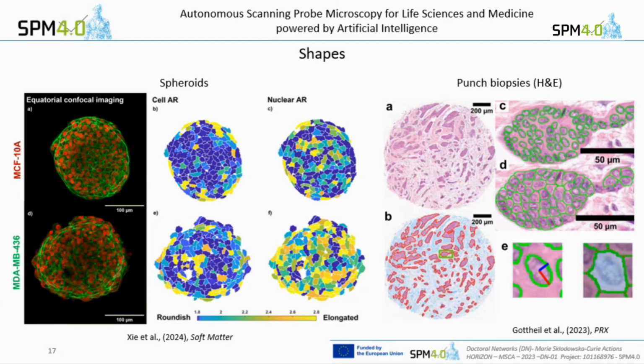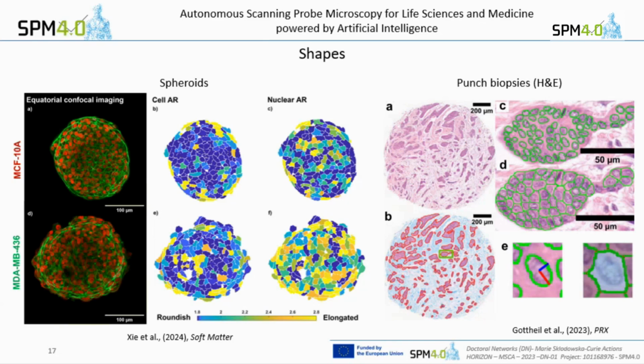You can see a punch biopsy from breast tumors, and you have these pinkish clusters of tumor cells embedded in stroma-rich areas. And here's a zoomed-in version, and you can basically analyze the nucleus shape and the cell shape here. It's like a short axis, long axis. This gives you the aspect ratio.